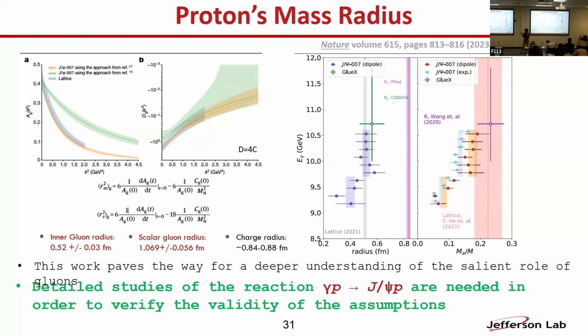So far, we elaborated these features, which I said should be verified because we made a lot of assumptions to extract this data. But the important thing is that we have a way that we can pursue in order to measure, to access the mass of the proton.